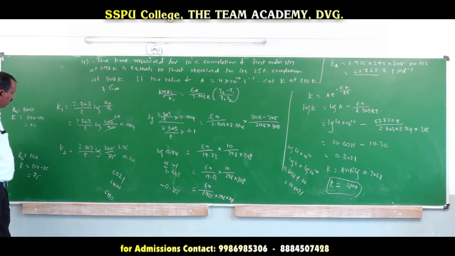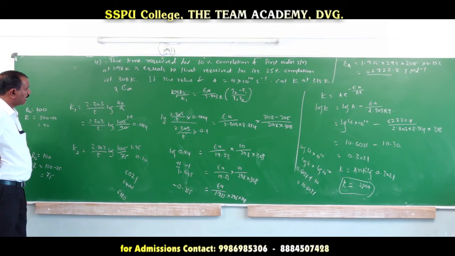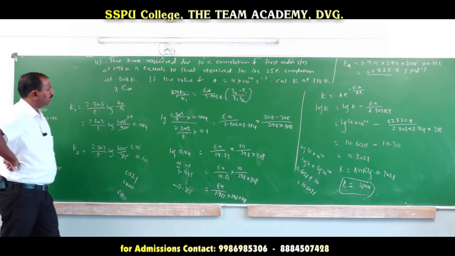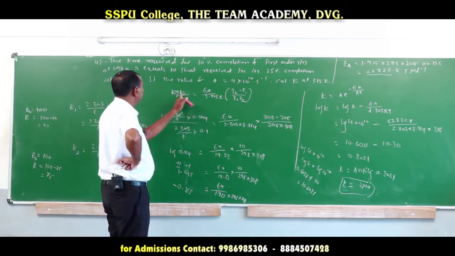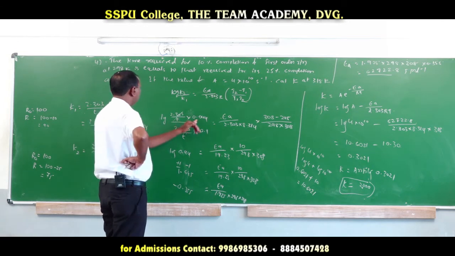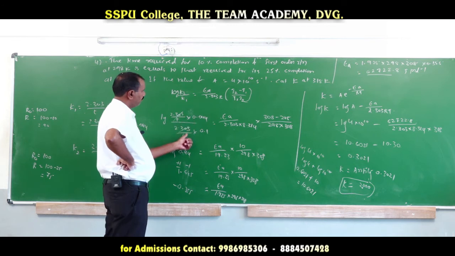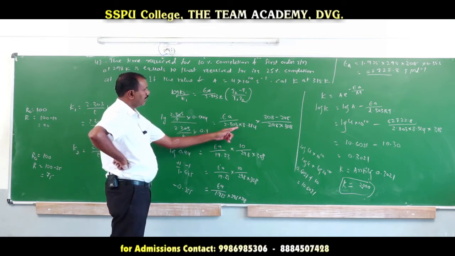Then how to find out K2 and K1? So log K2 by K1 equals EA by this equation: 2.303 by T into 0.044, divided by 0.1.